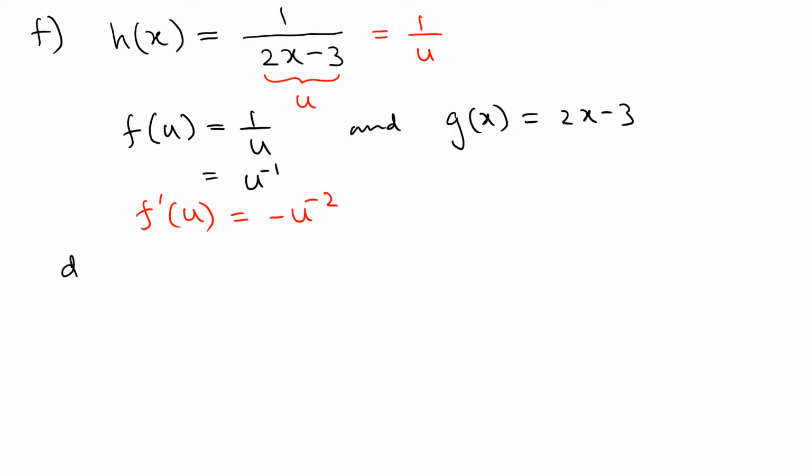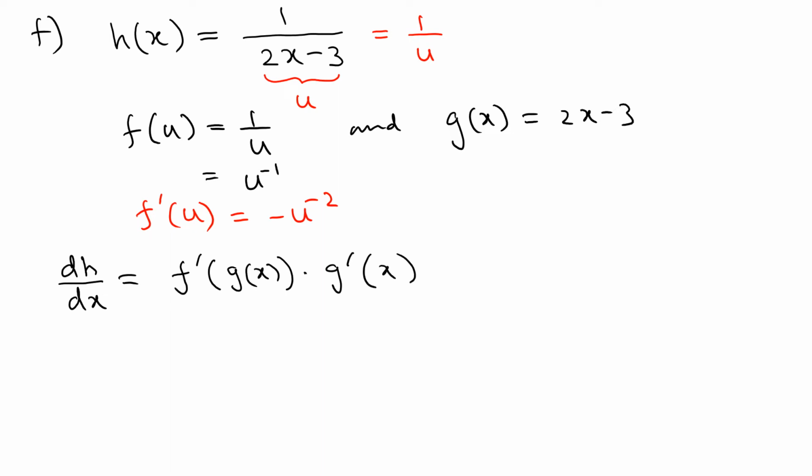The derivative of h with respect to the original variable, which is x, says that we take the derivative of the outside function and evaluate it at g(x). So you still need the derivative of the outside function. Right now we know that it's negative u to the negative 2, but the way we write it is different, and then we multiply by the derivative of the inside function.